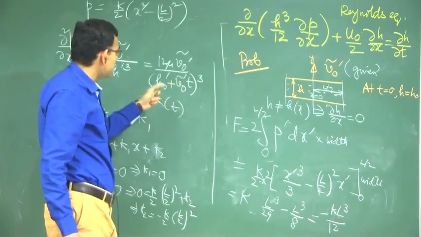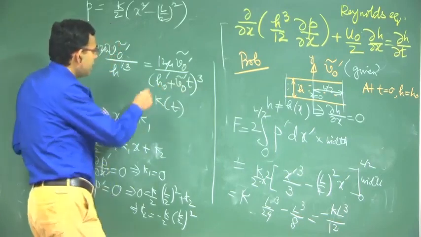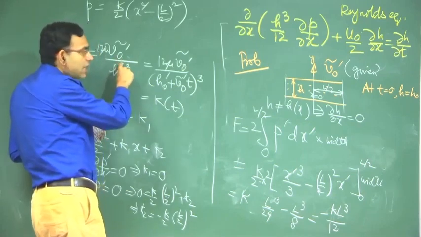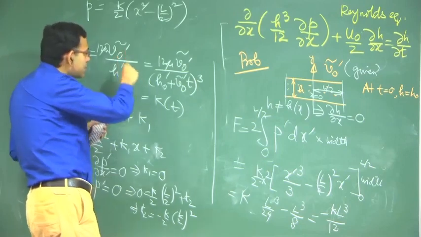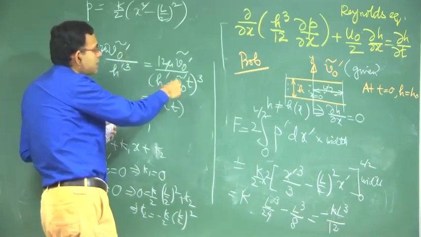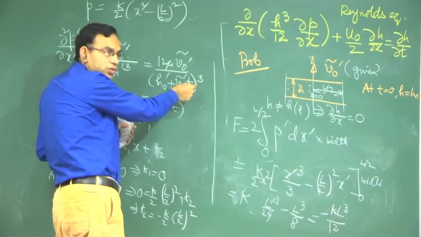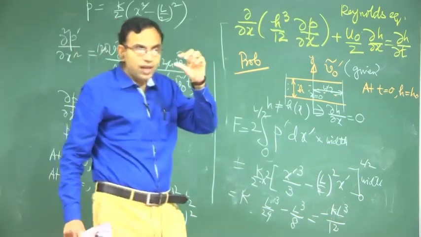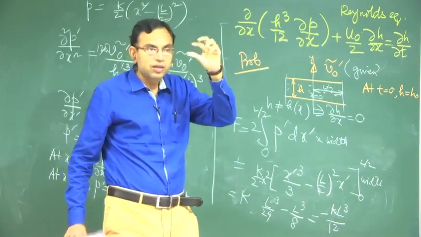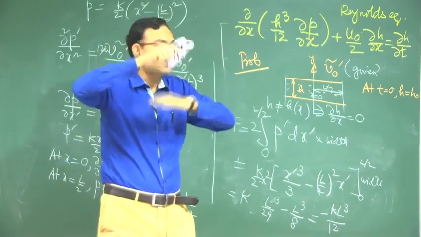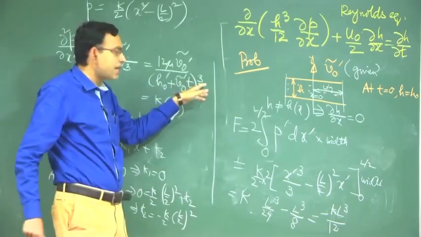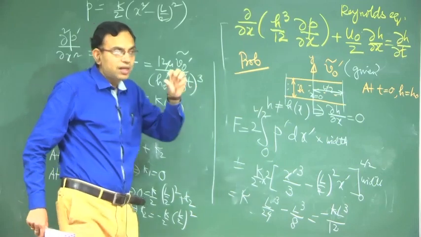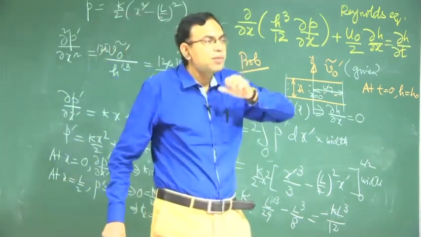As time progresses H will continuously decrease, it will be H naught minus a positive number into time. So, there will be a time when the gap is very small, that is the two plates have almost touched each other, and the force varies with 1 by cube of that gap. Therefore, the force will be tremendously high.